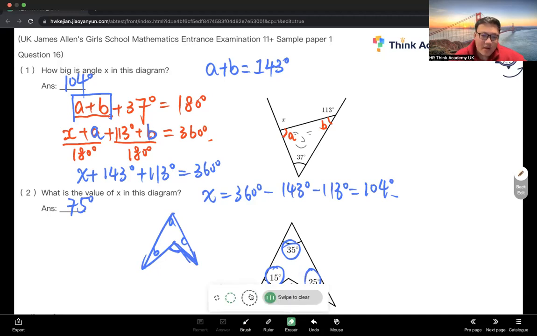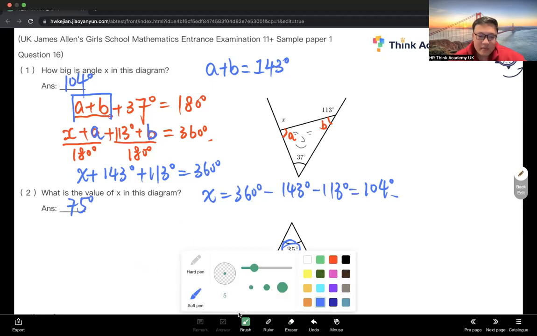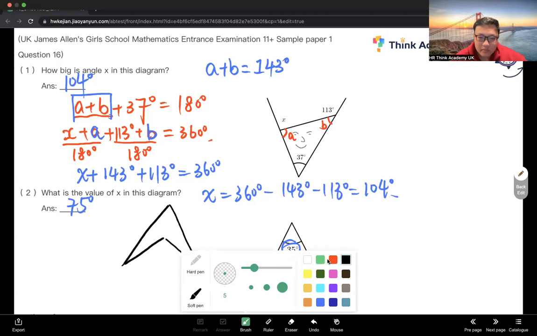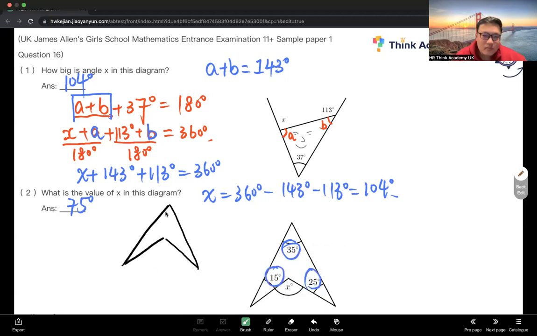I will give you one way to prove that. Let's see, you've got this shape. This is A, B, and C. You can connect these two points, and you want to get D, right?